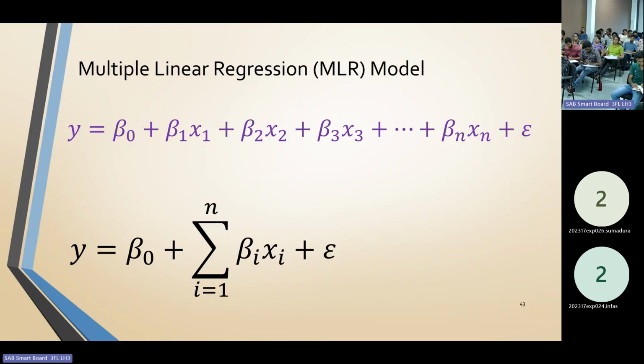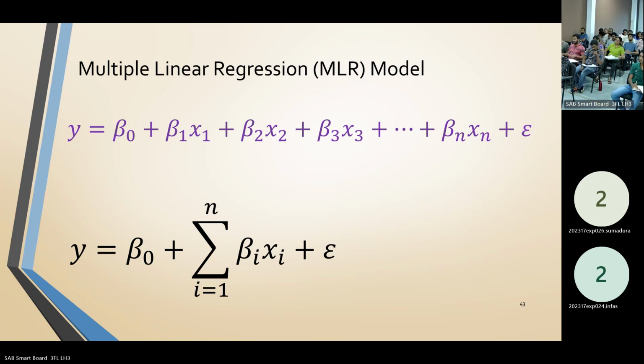We get the other terms: beta 1 x1, beta 2 x2, beta 3 x3, beta 4 x4, up to beta n xn, plus the error term. These are the predictor variables. Beta naught, beta 1, beta 2, beta 3 are the values you need to find. In the earlier case we had beta naught and beta 1; now you have several betas. If there are 5 betas, then we need 5 equations to solve.